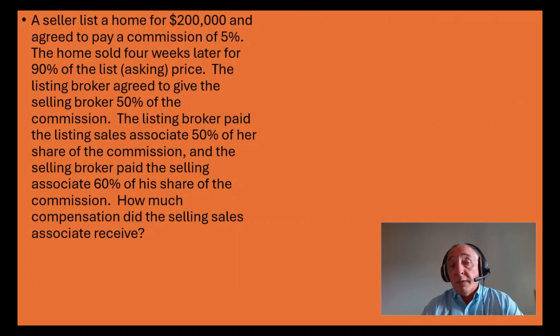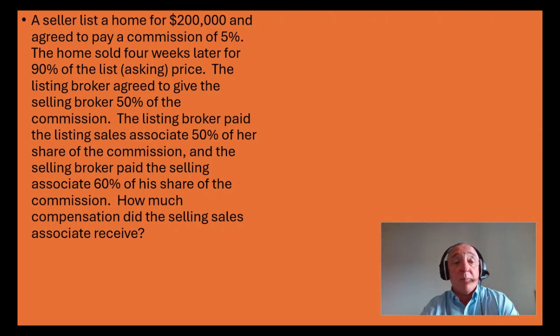A seller lists a home at $200,000, so that's the list price. They agree to pay a commission of 5%. The home sold 4 weeks later for 90% of the list or asking price. The listing broker agreed to give the selling broker 50% of the commission.